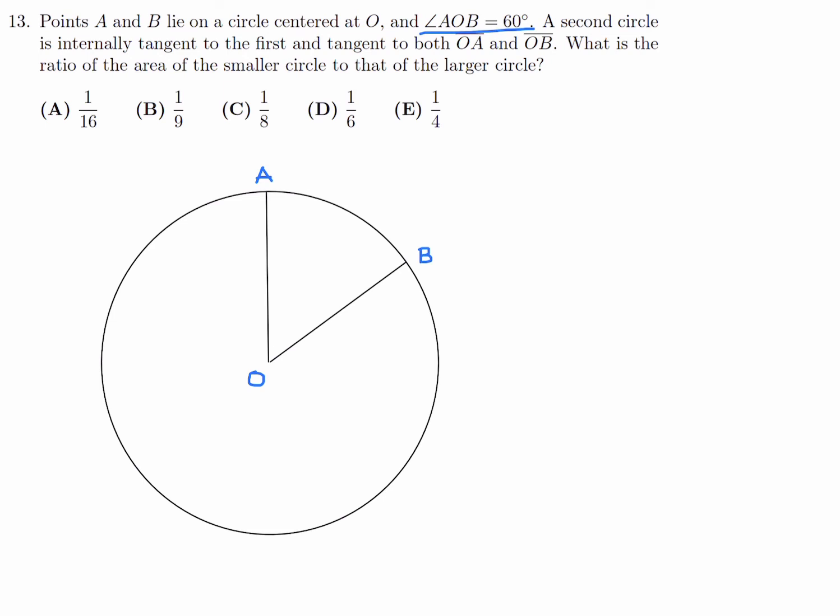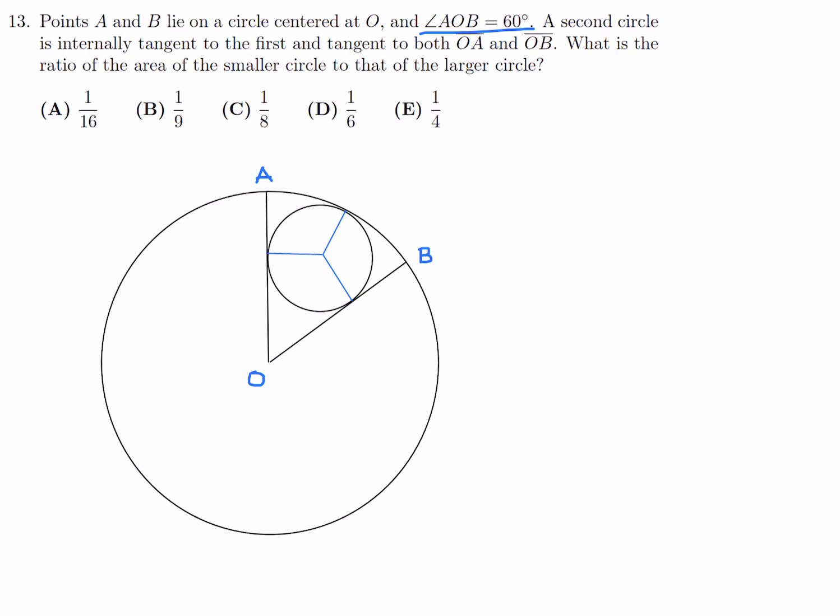Okay, now what they're saying is that there's another circle inside this region. So something like this. And let's draw in some tangent lines. So if this is the center of this smaller circle, we can draw a line from there to that tangent point, and similarly from there to there, and also from here, the center to the other tangent point like that.